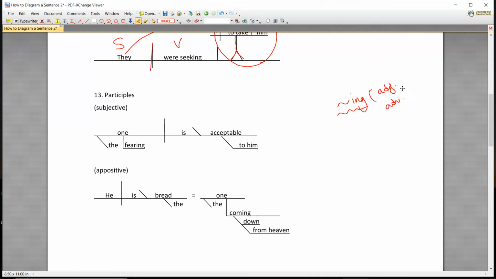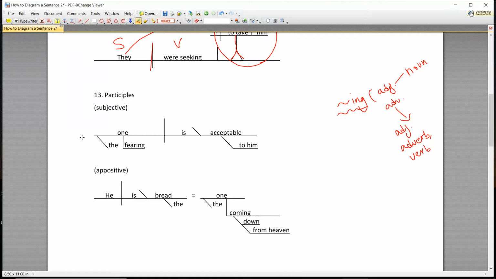Okay, adjective again modifies noun. Adverbs modify adjective or another adverb or verb, right?